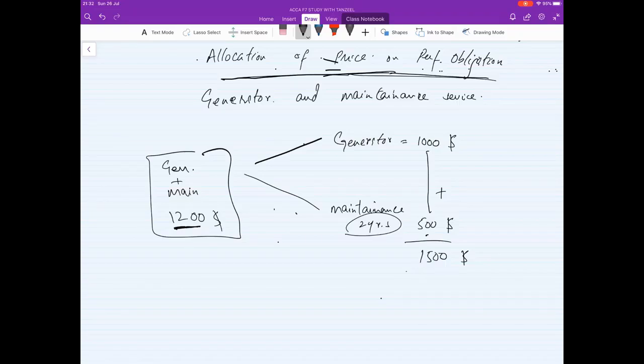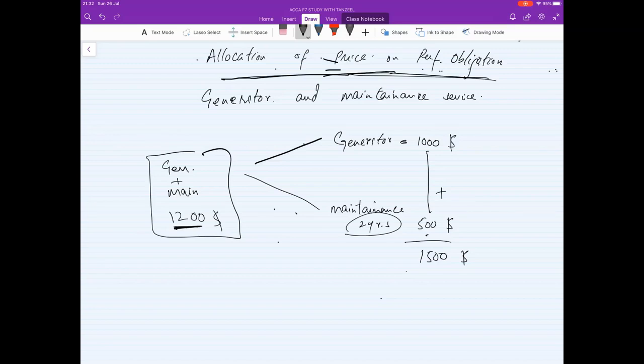If I sell a generator, I will charge 1000. If I sell my maintenance, I'll charge 500 for 2 years. But if you buy generator and maintenance all together from me, instead of 1500 I'll give it to you for 1200.